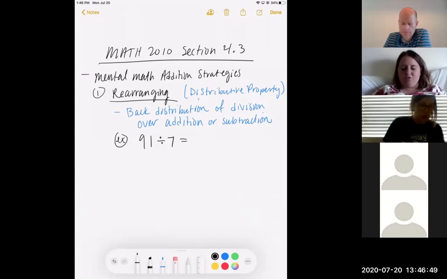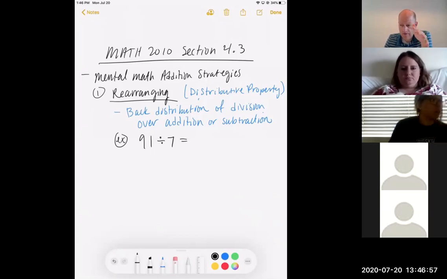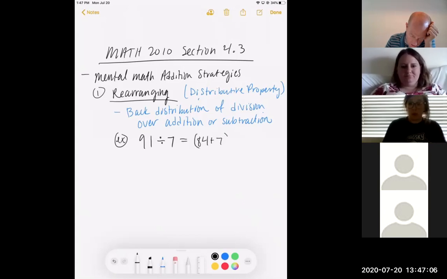Well, 7 times 12 is 84, so that's close to it. So I break up my 91 into 84 and the difference of 84 and 91. So what's the difference between 84 and 91? 7. Good.